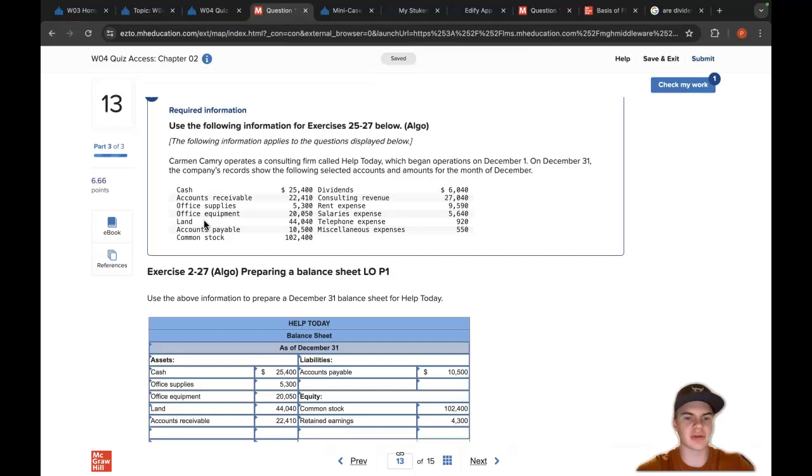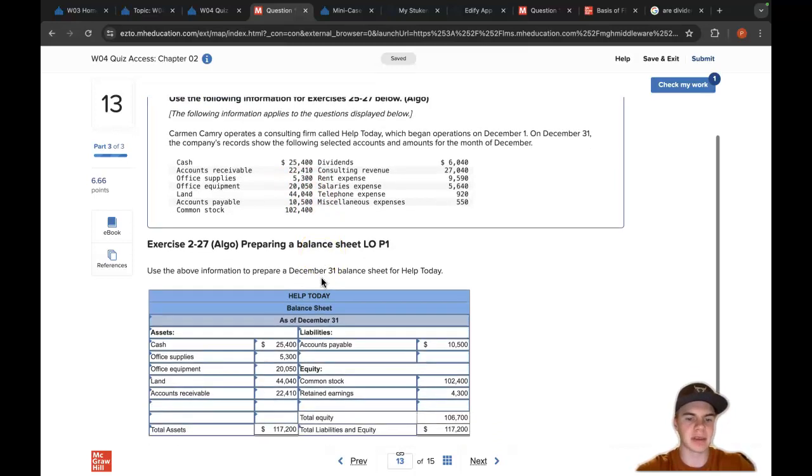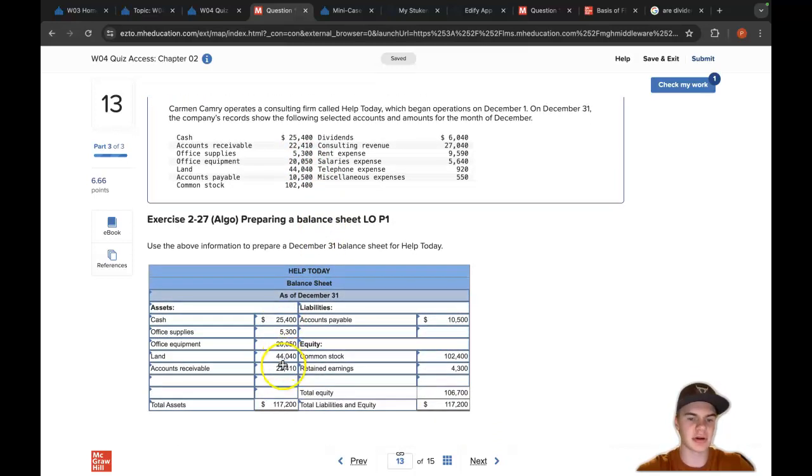And then the office equipment is considered an asset. They'll obviously depreciate, but right now they're an asset of 20,050. So we'll input all of those numbers down here, and then make sure this is total assets down here, and it'll calculate it to 117,200. Then we'll move on.